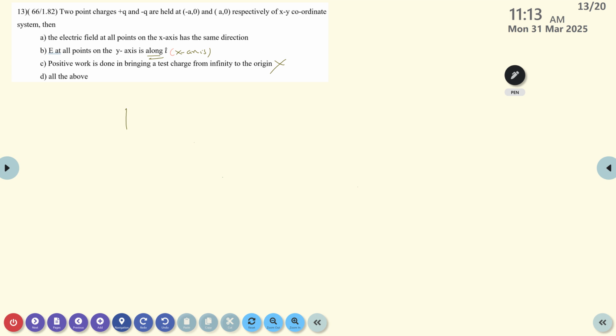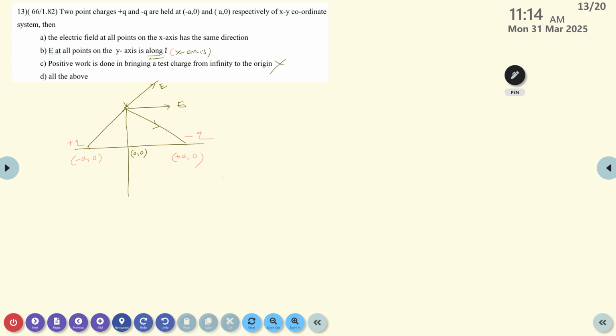Okay, fine. I will draw the diagram. This is 0 comma 0. This will be minus a comma 0. This will be plus a comma 0. The charges placed here are plus q and minus q. Along the y-axis, you check it. This is the electric field, and for the negative charge, this is the electric field.